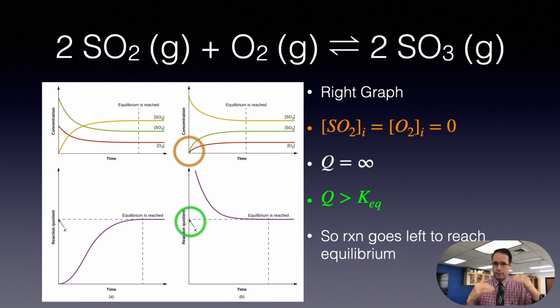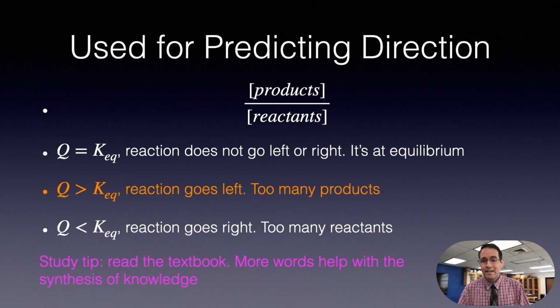At some point, the ratio, the quotient, is going to be equal to the equilibrium constant, and the concentrations stop changing and it remains at equilibrium from that point onwards, okay? That is shown here on this summary graph, highlighted in orange. If Q is greater than the equilibrium constant, the reaction goes left because you have too many products, okay?